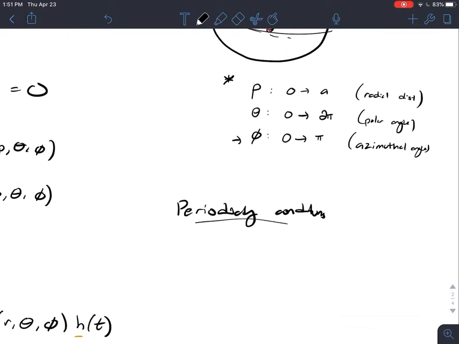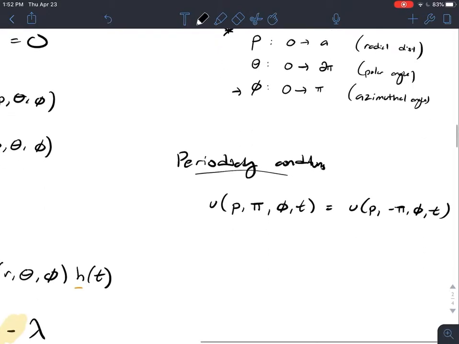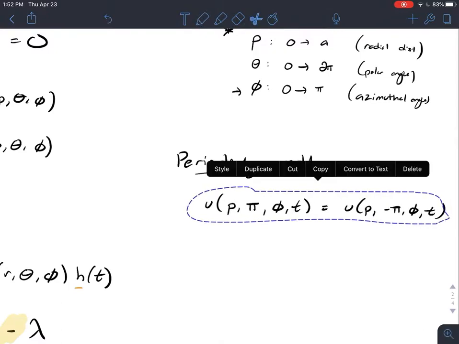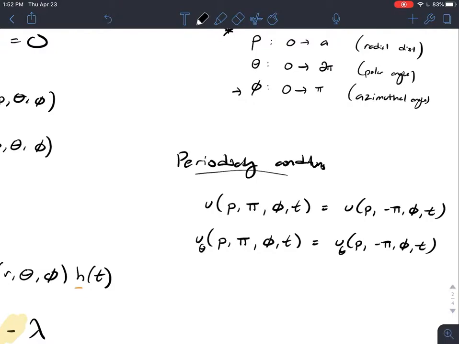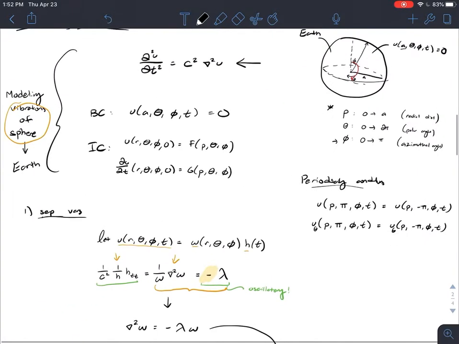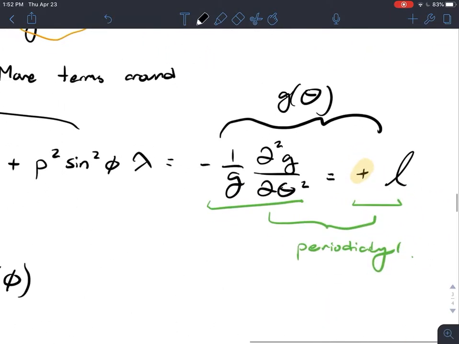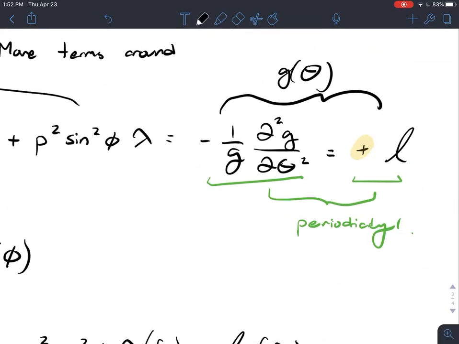So as a generality, g of theta equals g of theta plus 2 pi, and then there's the derivative condition, which I'll just copy and paste down. Those are periodicity conditions, and from your table you're given what they are, so you should just be able to write them down. We'll solve all the diffeqs later, but basically this is a diffeq that we'll have to solve down the road.